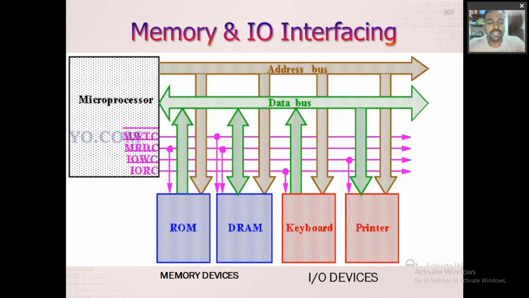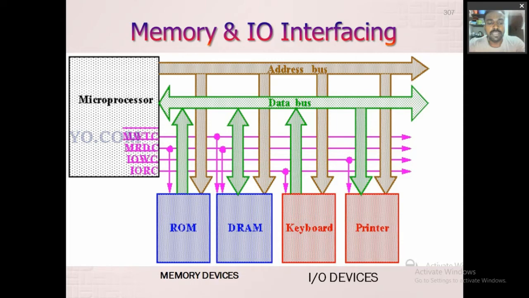So the interfacing looks like this. The blue color box indicates memory, the red color box indicates the I/O device. All the devices are connected with the address bus, data bus and control signals. The ROM needs the memory read command, RAM needs the memory read command and memory write command.